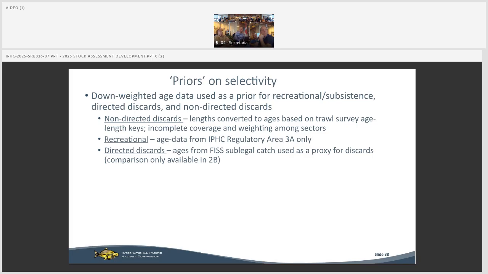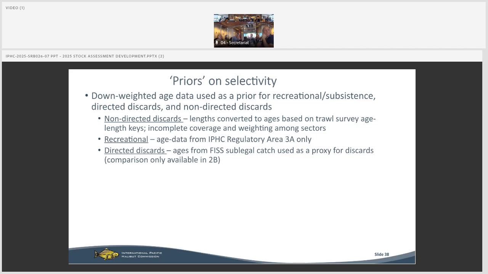So specifically for non-directed discards or bycatch trawl fisheries, well, not just trawl and longline fisheries that can't retain halibut, we have length sampling that is variable in its coverage. And so those lengths are converted into ages based on trawl survey age length keys.